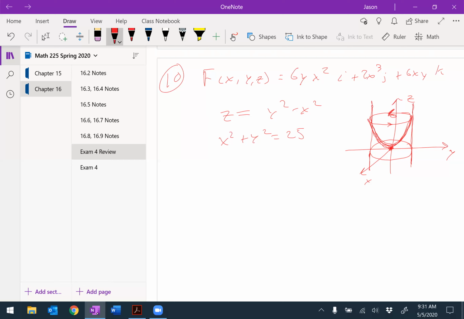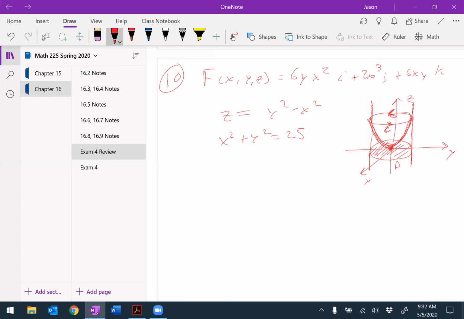If we really wanted to draw it, we could find the intersection of these two as well, by solving for z, setting these equal to each other, but this is the general idea. This is C, and then down here is going to be D. So just keep this all in mind, C and D.